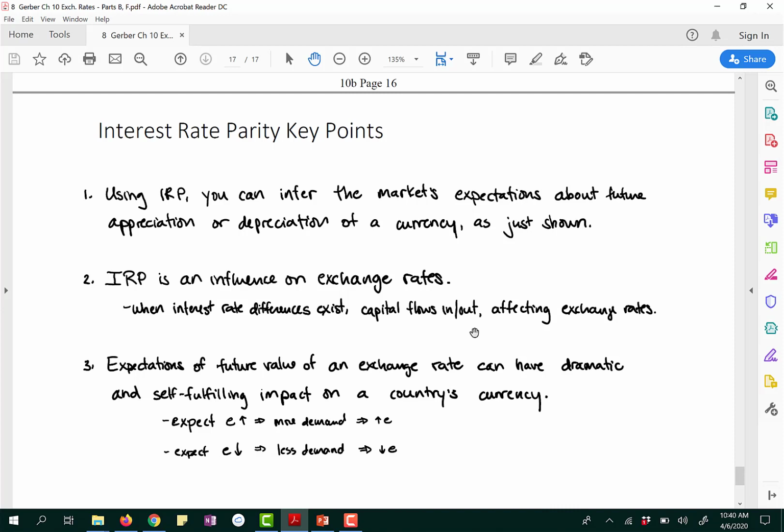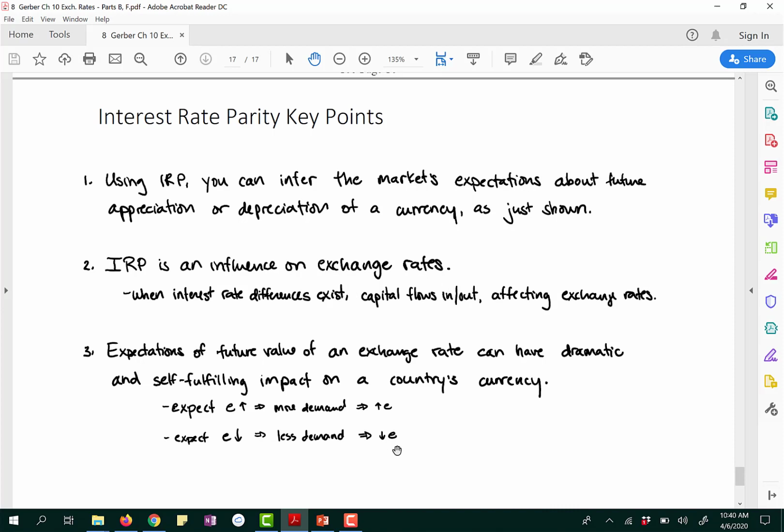When interest rate differences exist between countries, capital will flow in and out of those countries, affecting the demand for a currency and therefore affecting exchange rates. So this is one additional factor that was not included in the supply and demand model of exchange rates that we discussed in ManQ chapter 19. But it is a factor.